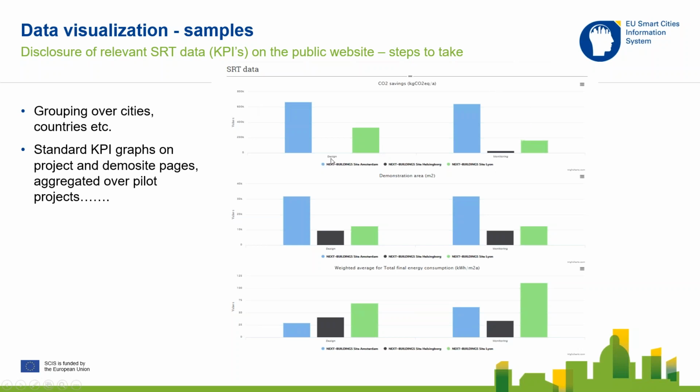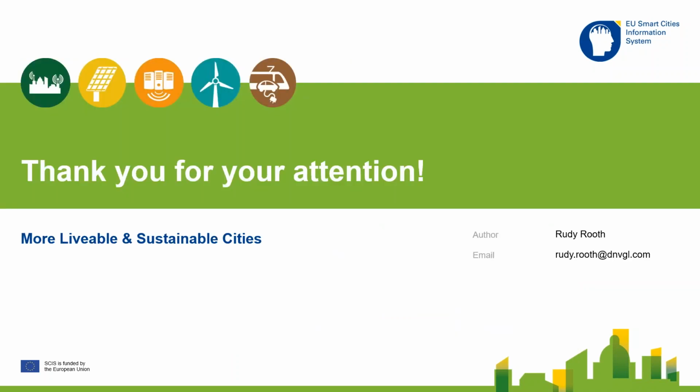It is very small print, with design on the left and monitoring on the right, to give more visual information about the impact of the projects. But this has not so much to do with the actual operation of the self-reporting tool, just for your information. So that's it for now.